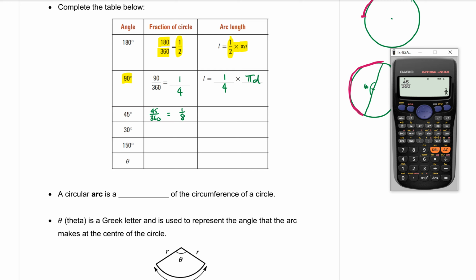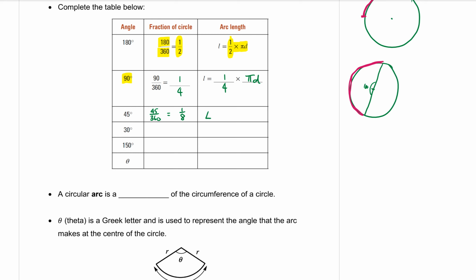So if I was trying to find the arc length, which we're calling little l, now I'm writing a capital L because little l's either look like ones if you draw them like that, or you have to try and draw them as a script kind of L, which can be tricky as well. So I don't mind if you change the little l into a capital L because they just look less confusing. So L for arc length. This time I want an eighth of my circle, and I times that by my circumference formula, which is pi d.